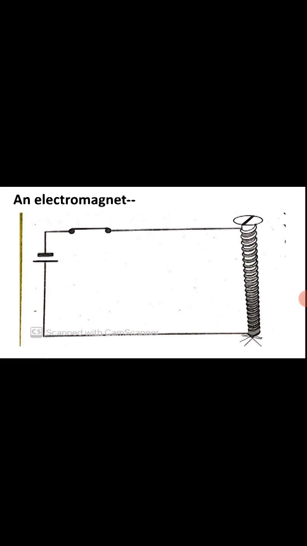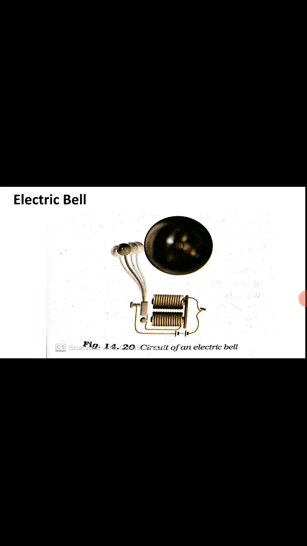The same process works in our electric bell. Everybody knows electric bells, at home and outside, all have them. In this picture the circuit of an electric bell is given. I will explain what is inside an electric bell. In the figure you can see that it consists of a coil of wire wound on an iron piece.